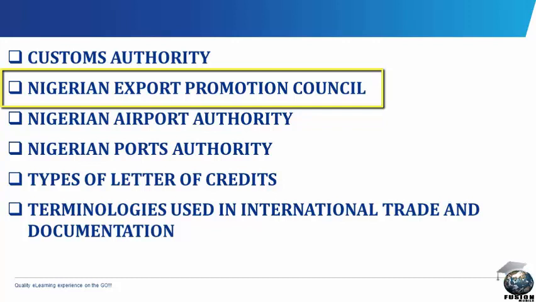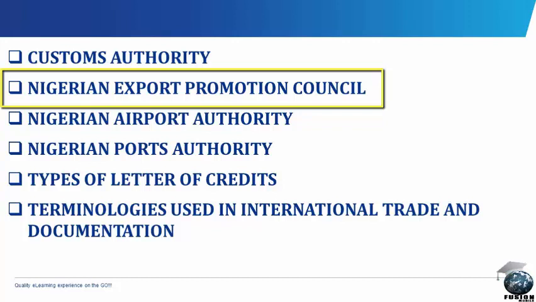The council assists in assessing the performance of Nigerian export goods in international markets as well as identifying barriers against them and exploring ways of penetrating new markets. The council adopts measures necessary to increase the volume of production from agriculture and industry for export.